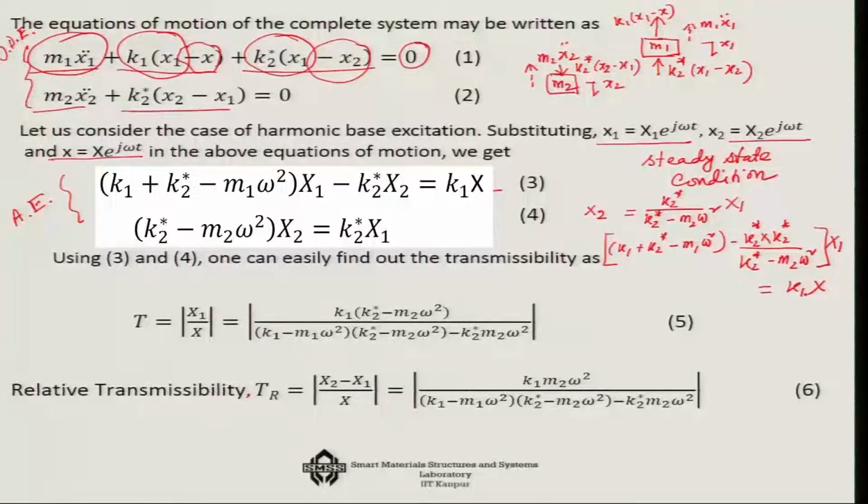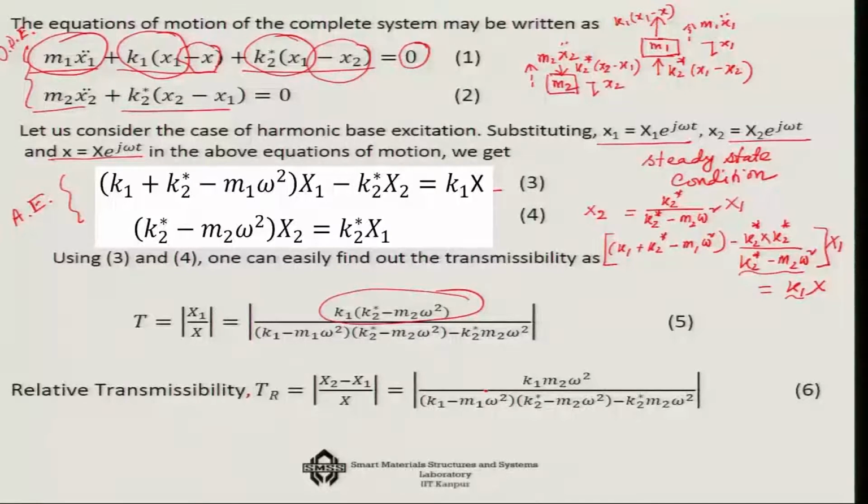With these things in mind, we should be able to find out what x1 over x is. If you just continue in this direction, you will have K2 star minus M2 omega square, this one, and K1 in the numerator. In the denominator it is a little bit complex, but you will have K2 star minus M2 omega square, squared.